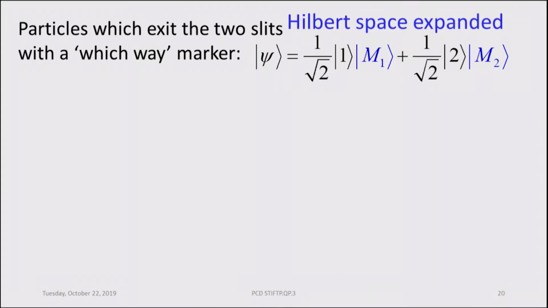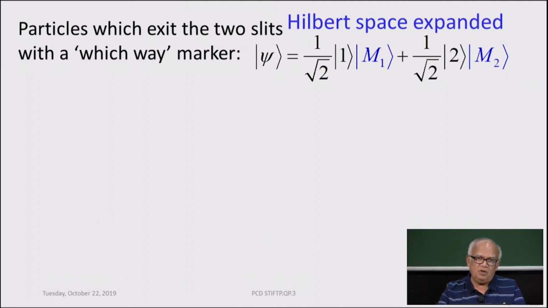The state vector is now to be represented in this expanded Hilbert space along with the marker states, and the markers 1 and 2 are obviously orthogonal to each other, which is why they are markers. The marker is going to mark from which slit the particle has come.